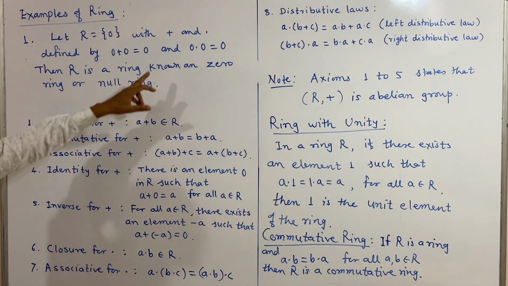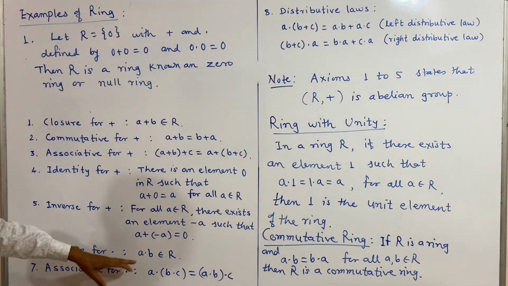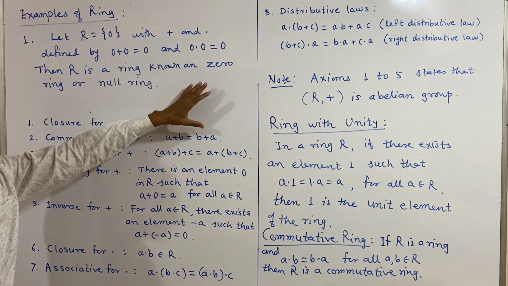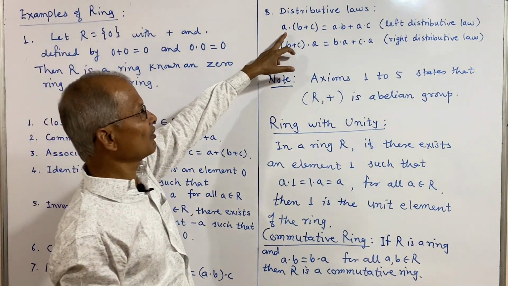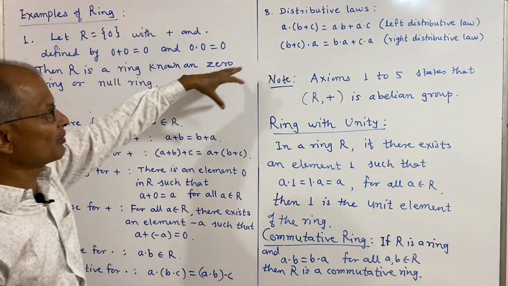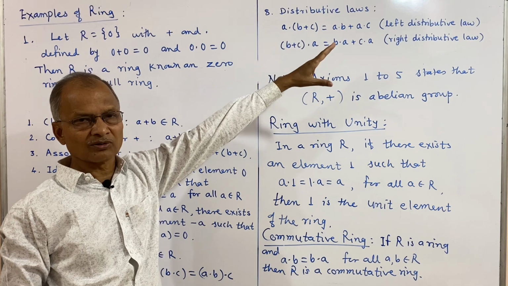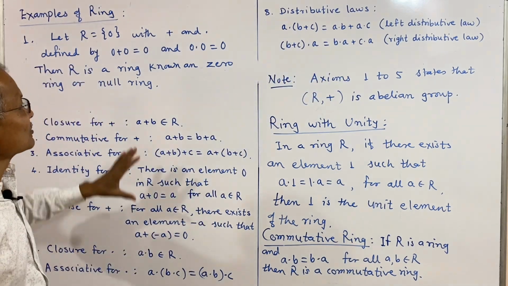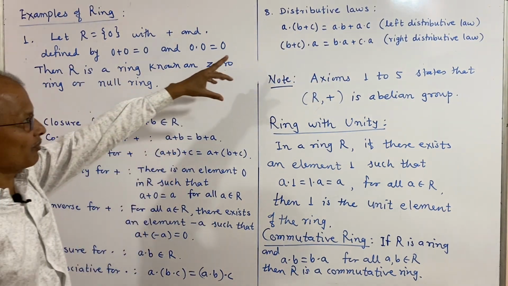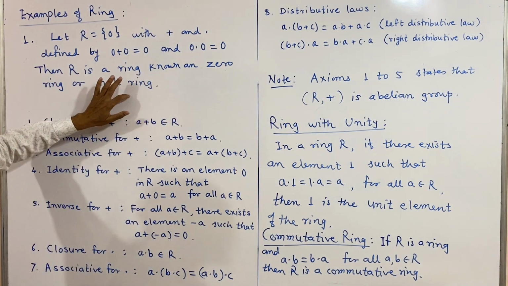Closure property holds for multiplication, and associative, usual multiplication is always associative. Distributive law holds also. 0 dot (0 plus 0) is again 0 dot 0 plus 0 dot 0, etc. So all these 8 properties hold, and therefore this is a ring.